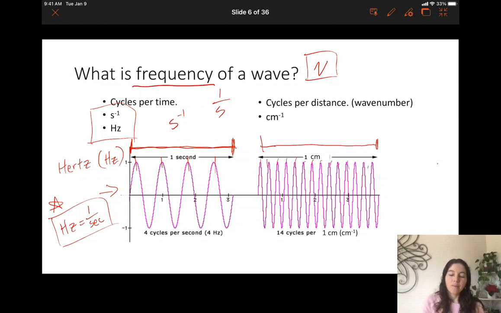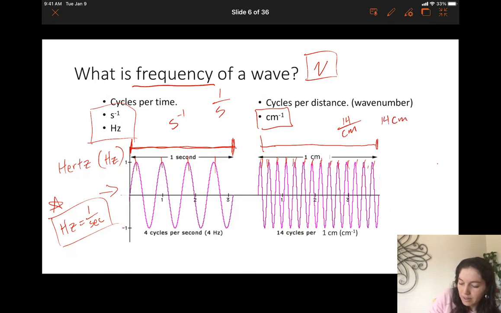So we have a unit of inverse centimeters. This wave happens 1, 2, 3, 4, 5, 6, 7, 8, 9, 10, 11, 12, 13, 14 times per centimeter. So that would be 14 inverse centimeters. This is the same as 1 over centimeters. Please don't confuse those units.